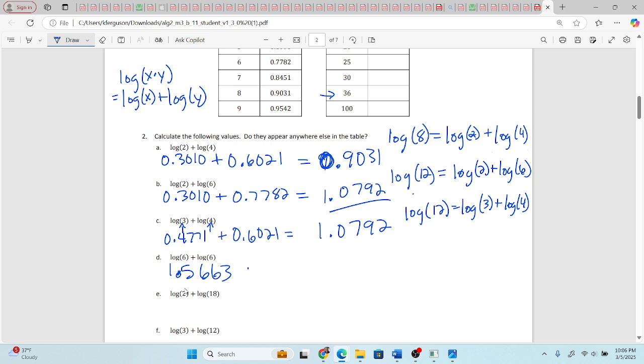So let's see what log of 18 is. Log of 18 is 1.25527. So that's what 18 is. Let's figure out what log of 2 is real quick. Log of 2 is 0.3010. So I'm going to add those two things together.